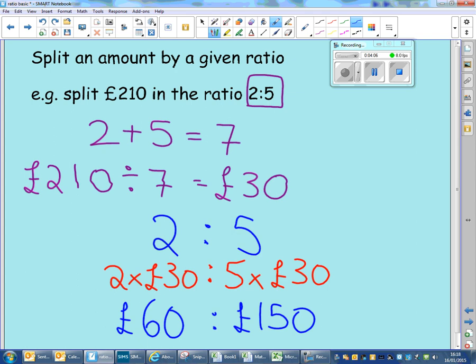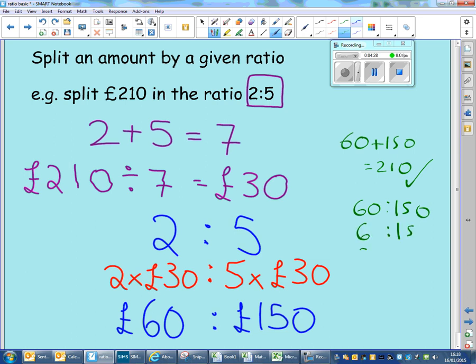How can I check that I've got this right? I can see that 60 plus 150 adds up to 210. Good news. I also can see that 60 to 150 can be simplified as a ratio, just like we did in class. 6 to 15, 2 to 5. It simplifies to what we had in the first place, which is really good news.